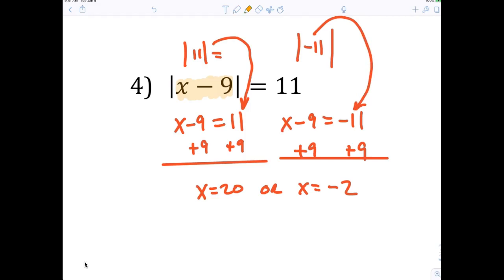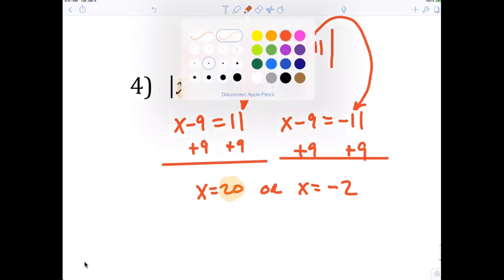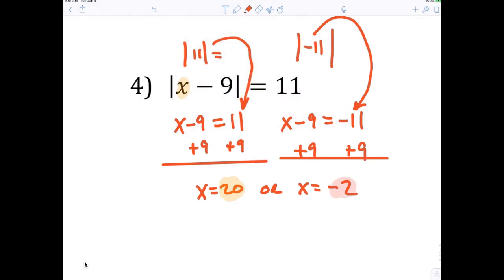If I plug 20 in for x, what's 20 minus 9? 11. What's the absolute value of 11? 11. Now, what happens if I plug in -2 for x? Let's find out. What's -2 minus 9? What's the absolute value of -11?